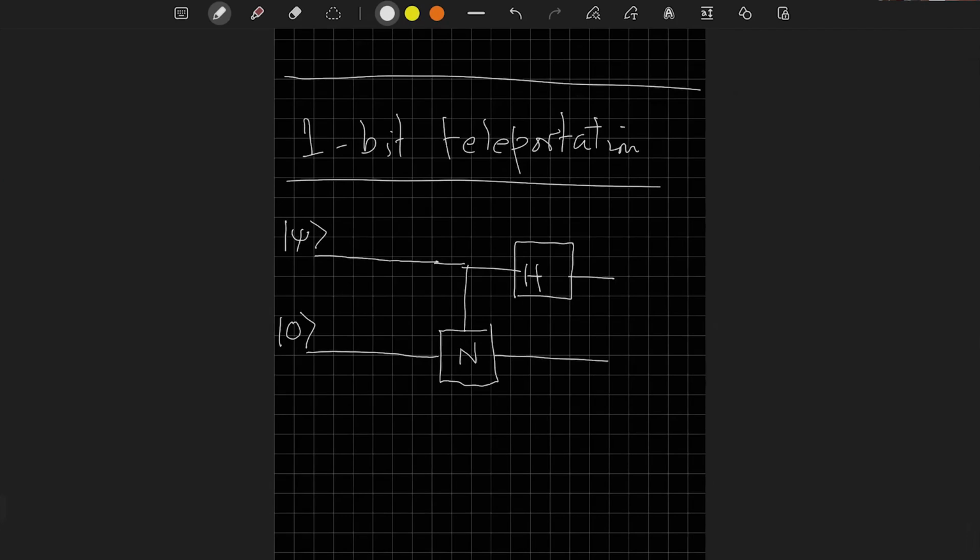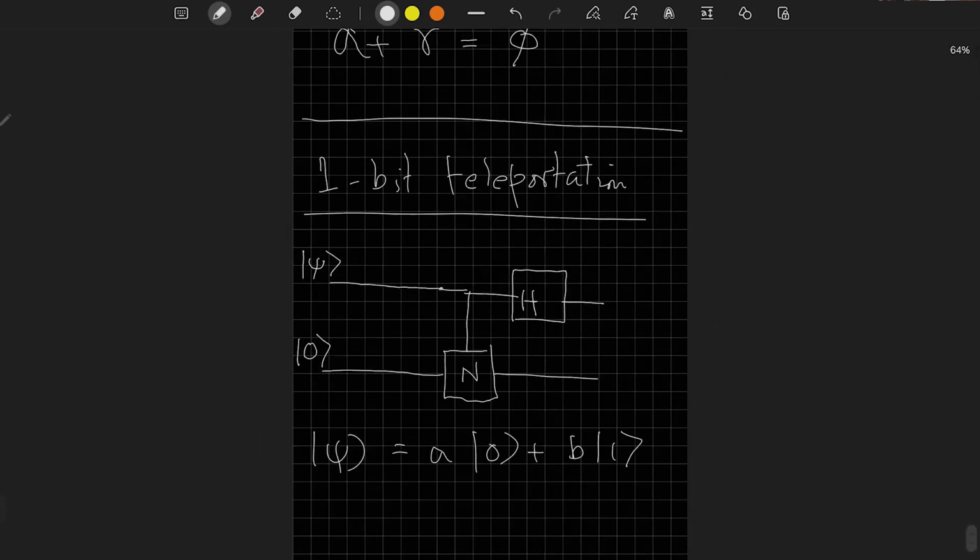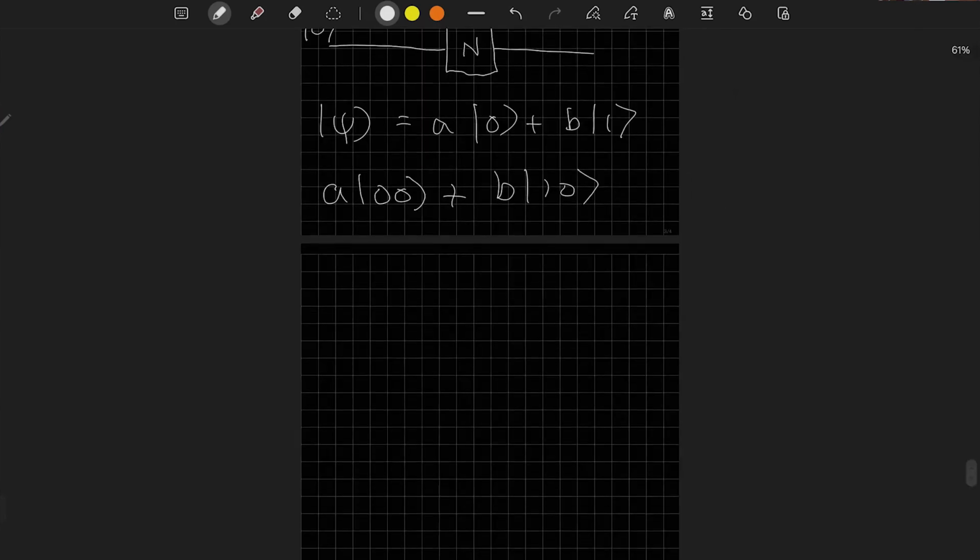First of all, my psi could be A|0> plus B|1>. So my initial state is A|00> plus B|10>. I apply the control NOT gate, and I get A|00> plus B|11>. Then I apply the Hadamard gate on the first qubit.